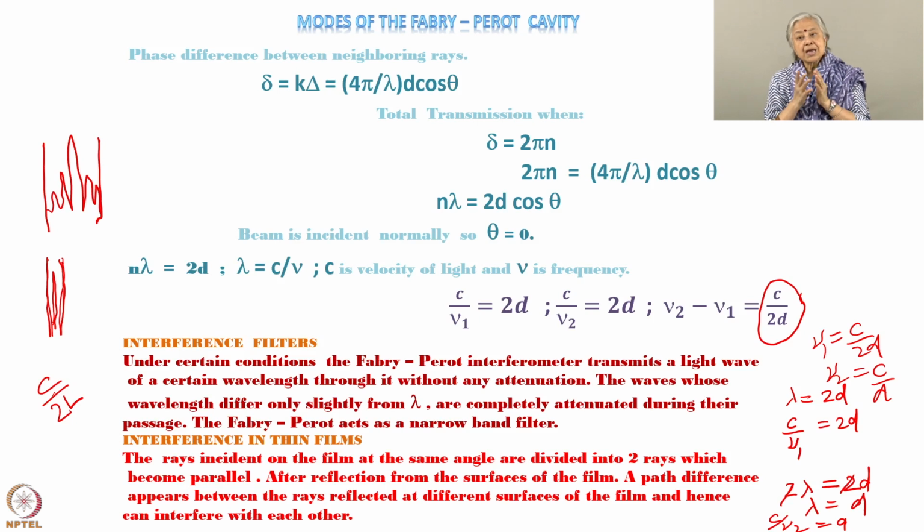So suppose there were lambda 1, lambda 2 and lambda 3. Each of them would have had its own interference pattern. Some part of it may overlap, some part of it may be covered up. So the blurring of the interference pattern occurs.